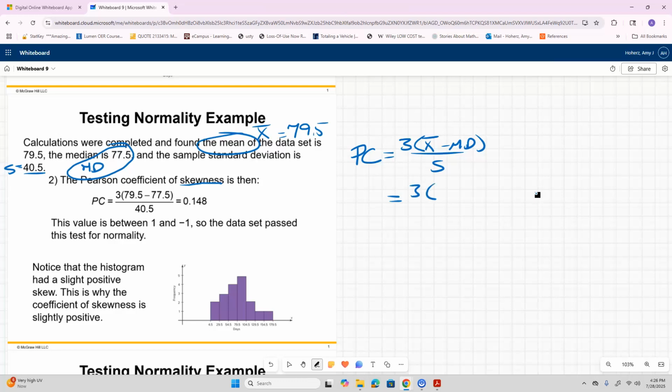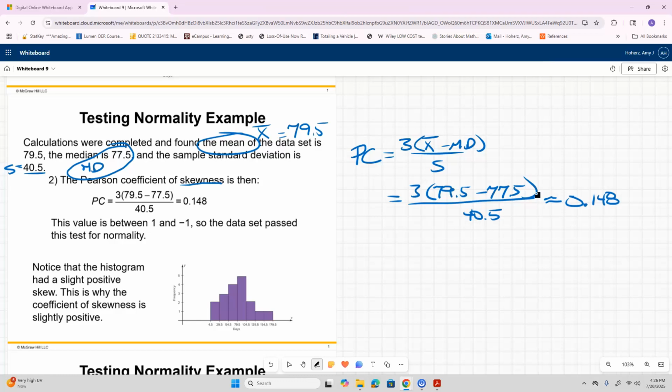So in this case, that would be 3 times 79.5 minus 77.5 over 40.5. And if you calculate that out, that comes out to be about 0.148.